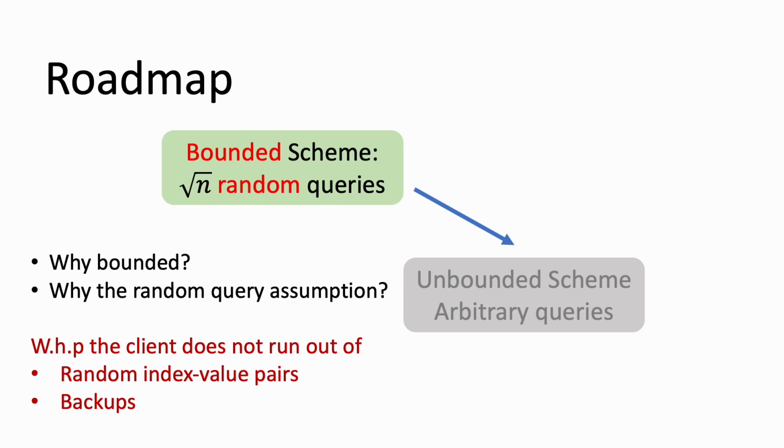If you have a lot of queries inside the same chunk, you're going to run out of those random index value pairs, so you cannot replace your online query with another random index. Also, it may run out of backups. That's the reason why we need the bounded and random query assumption, to allow us to use some concentration bound to show that within each chunk, there are not many online queries.